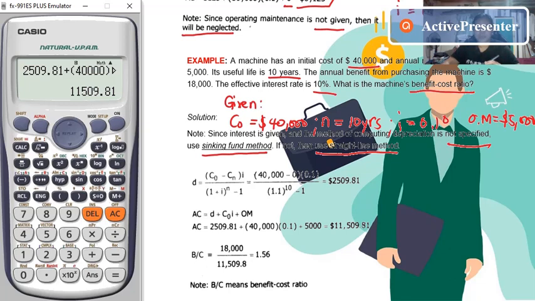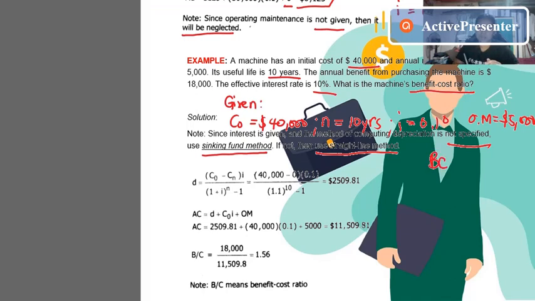The unknown in our problem is the benefit cost ratio. Solving for it, the problem gives an annual benefit of 18,000, so 18,000 divided by our annual cost.